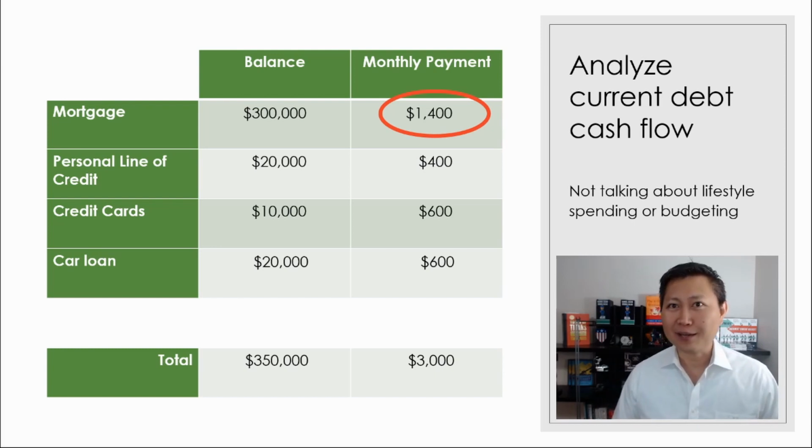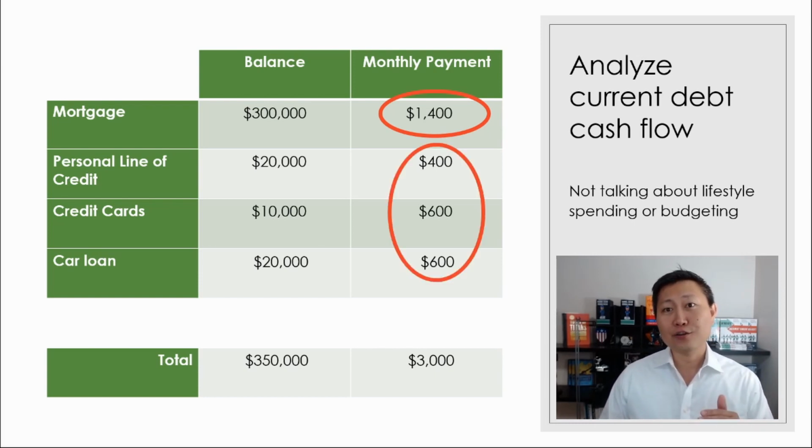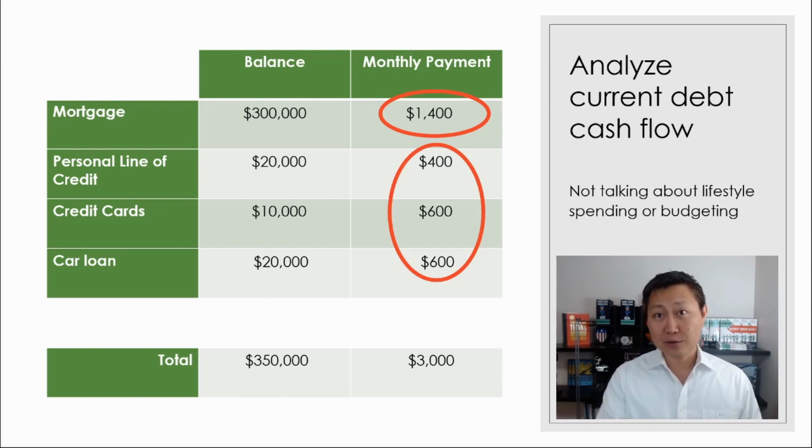So is it magic? Like, how did that happen? It's the same cash flow. How are we able to do this more aggressively? Well, the answer is, if you look down here, there's $400, $600, $600, so $1,600 of payments going to service $50,000 in debt, right? So the personal line of credit, the credit cards, the car loan, all very inefficient, very expensive forms of debt that there doesn't seem to be very much regulation around.